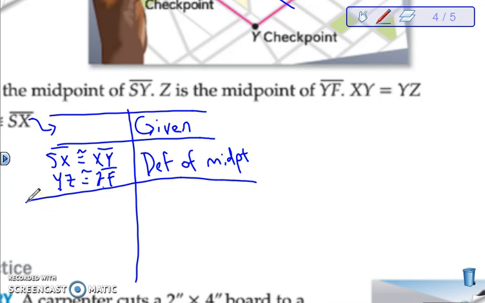Well, we know that XY is equal to YZ because that's given. And if we're trying to get that ZF is equal to SX, all we need to do is make a little bit of substitution. So we know that XY is congruent to ZF. Again, we're just substituting.